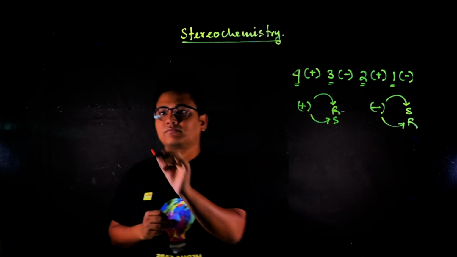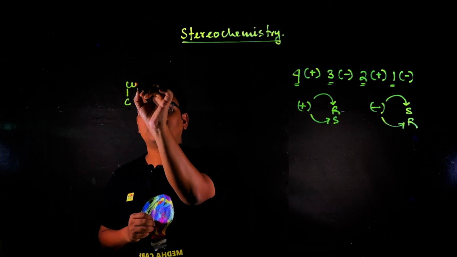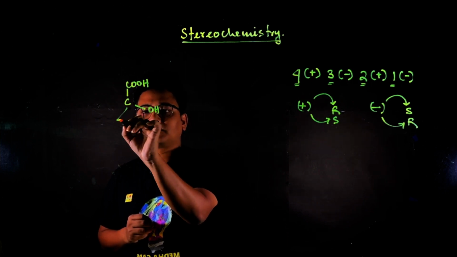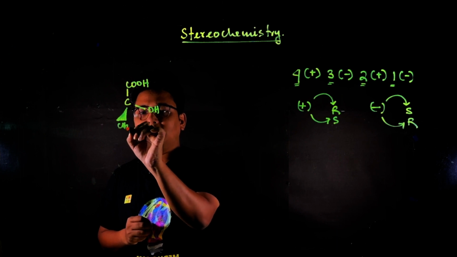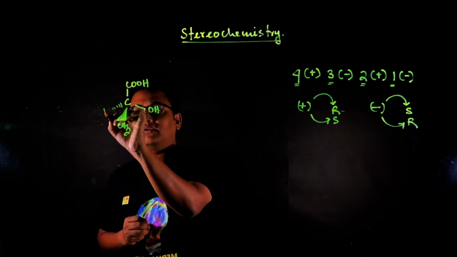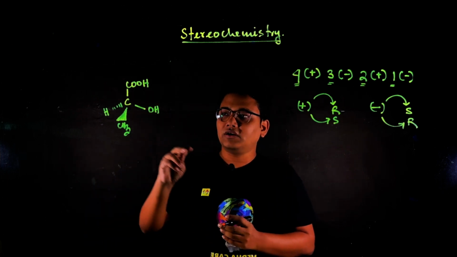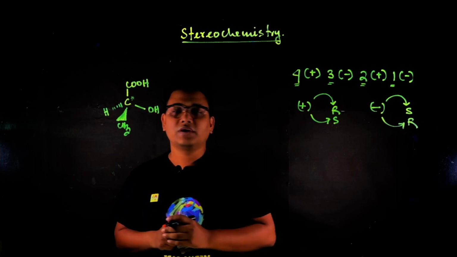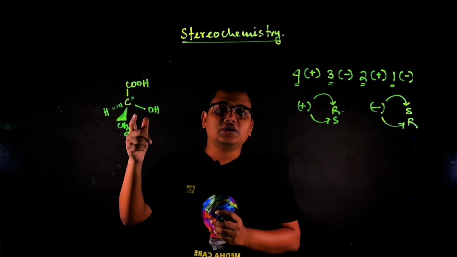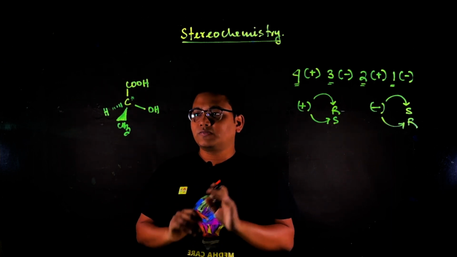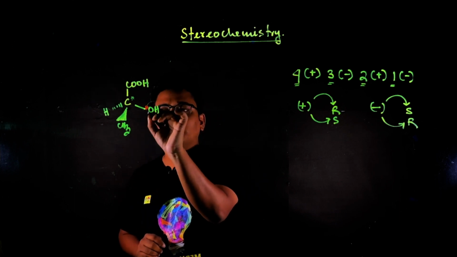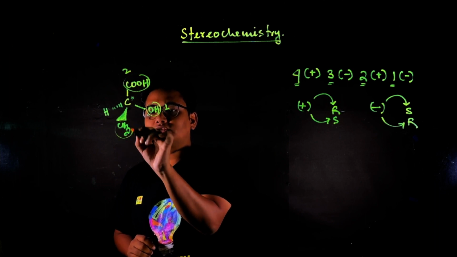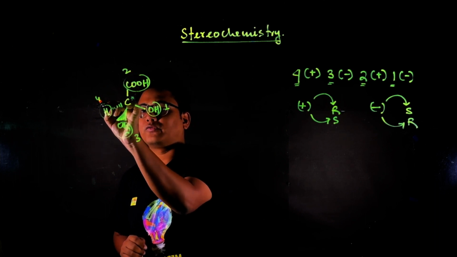For example, say we consider this molecule, here OH, here CH3, and below the plane H. So we can find out the configuration of this carbon atom based on the normal CIP rule, because if we see the priority of the groups, this is group number 1, this is group number 2, this is group number 3, and this is group number 4.